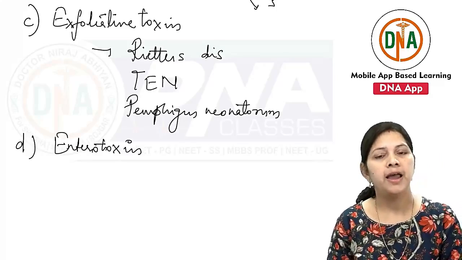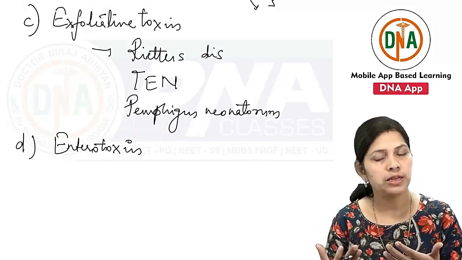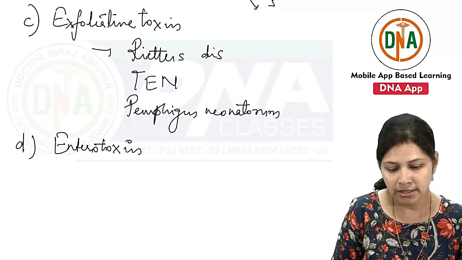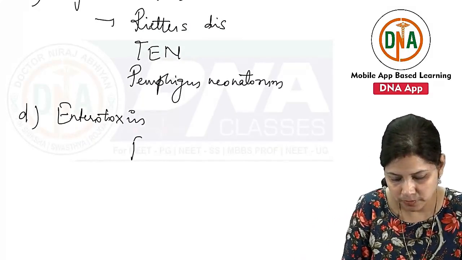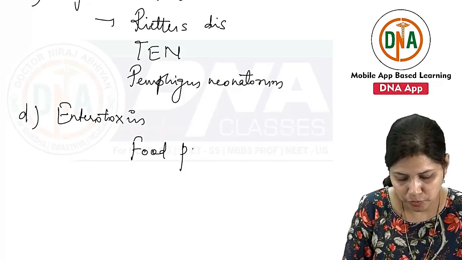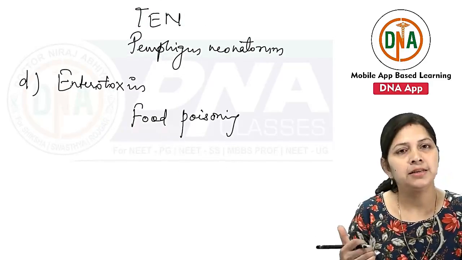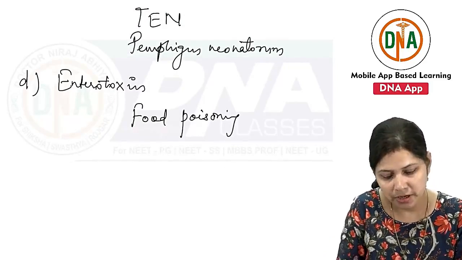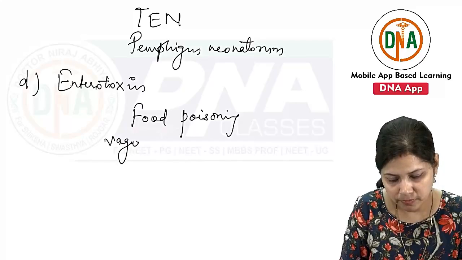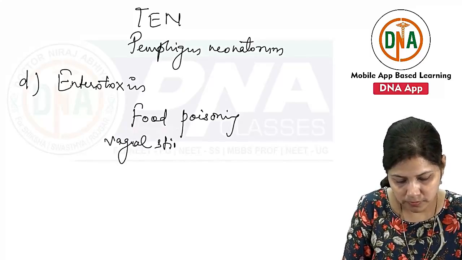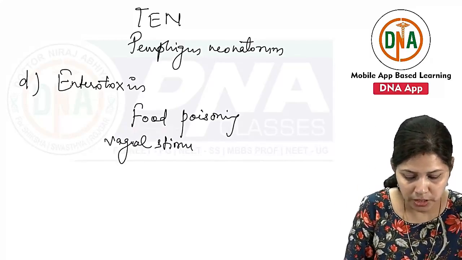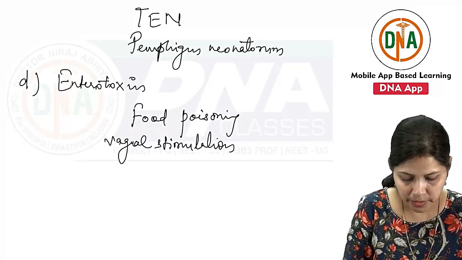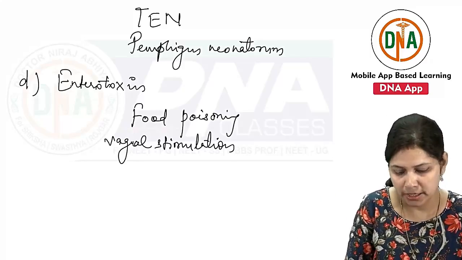As the name itself is implying, it is associated with the gut disease, so it is responsible for food poisoning, and it classically causes vagal stimulation, acting on the enteric nervous system, so it leads to vagal stimulation and activation of the vomiting center.